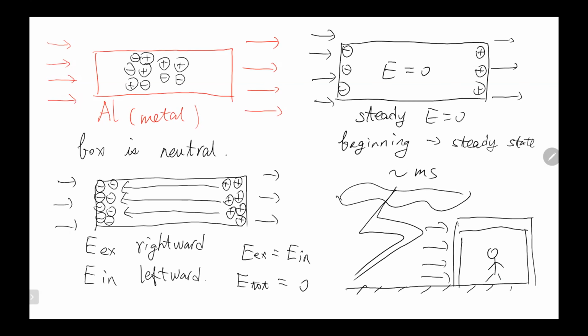Then there will be positive charge on the right side and negative charge on the left side. So eventually, the generated charges are going to cancel out the lightning electric field, making you at a zero electric field space. So you're safe when you stand in the metal shield. We call this electric shielding.